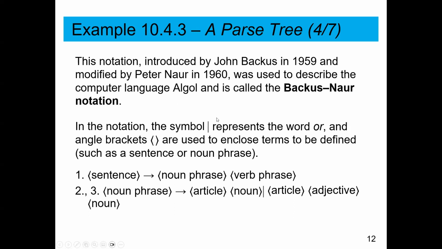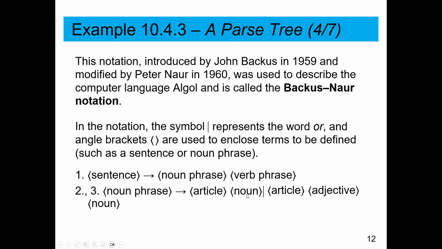In 1959, and again in 1960, the computer language ALGOL used brackets as newer notation. Some of this is leaking into notation you may have already seen. Brackets are used to enclose the terms, and a vertical line represents the word or. So notice, number one, a sentence means I have a noun phrase and a verb phrase.